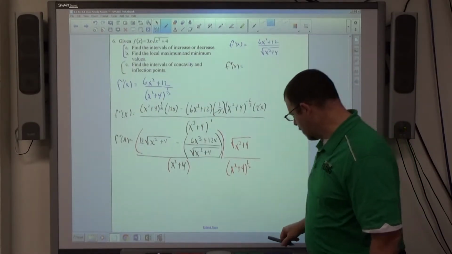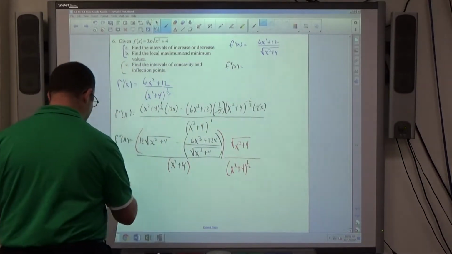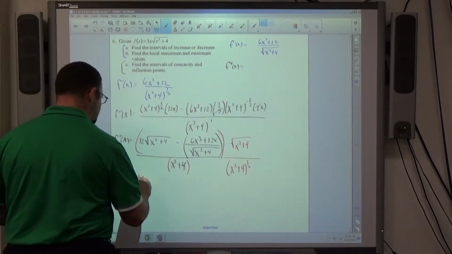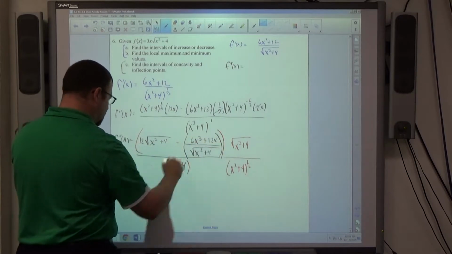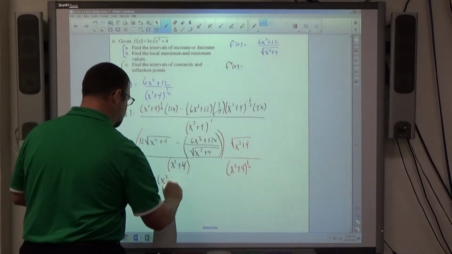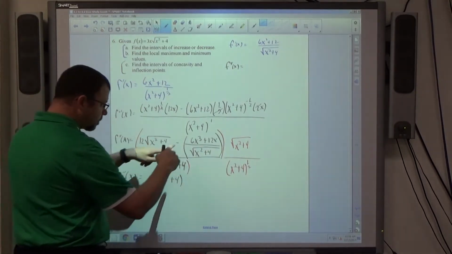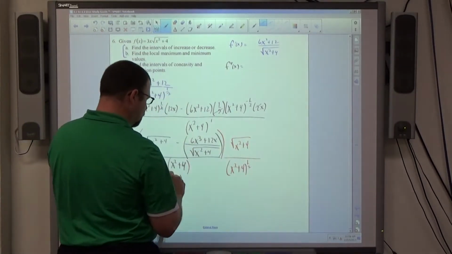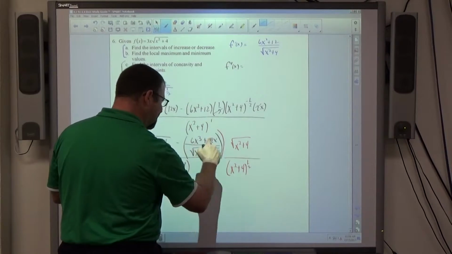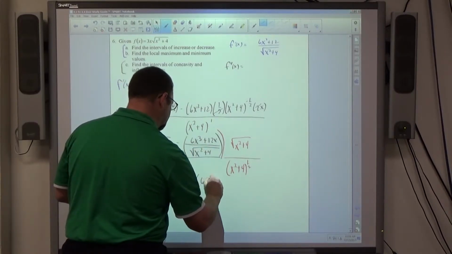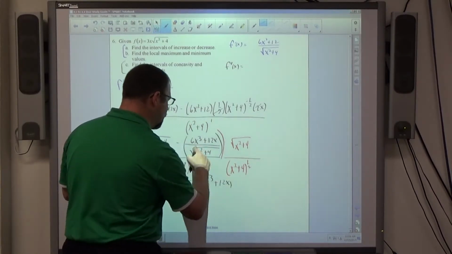So if I do all that multiplication, what ends up happening, f double prime of x, is this times this is going to make 12 times x squared plus 4. Square root times square root makes it not a square root. This times this, the square roots of x squared plus 4 cancel, leaving minus this numerator. Be careful, that numerator is more than one thing.